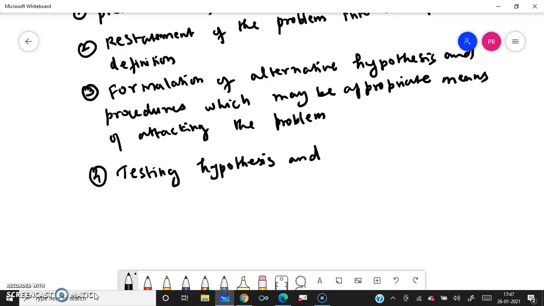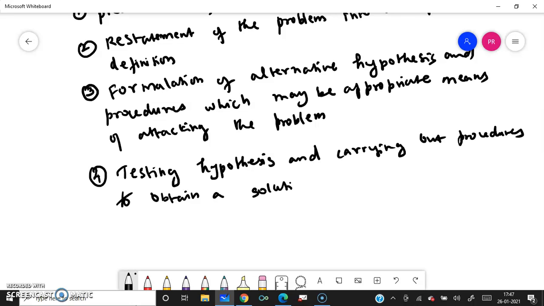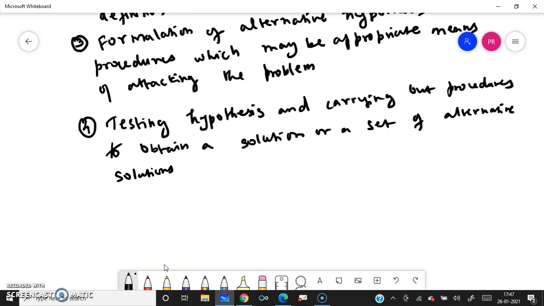So: testing hypotheses and carrying out procedures to obtain a solution or a set of alternative solutions. We are testing the hypothesis and carrying out the procedures to obtain a solution.